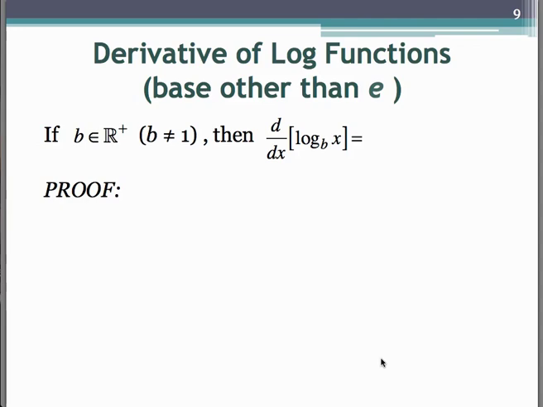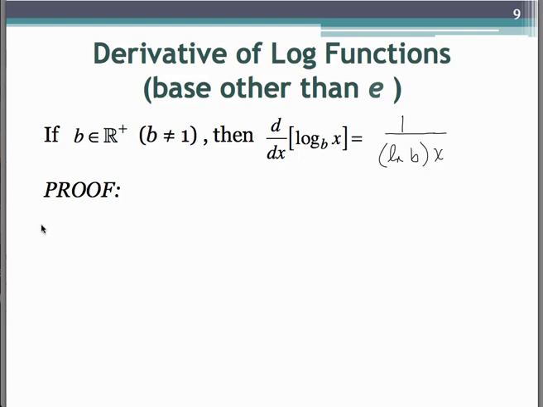Let me give you the rule first, and then we'll go through a little proof of it. So the rule basically is, and we will have a follow-up to this using the chain rule, but if you're just talking about log base b of x, then the derivative of that is going to be 1 over the natural log of b times x.